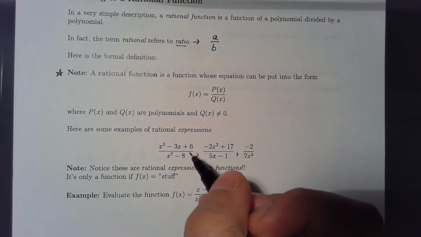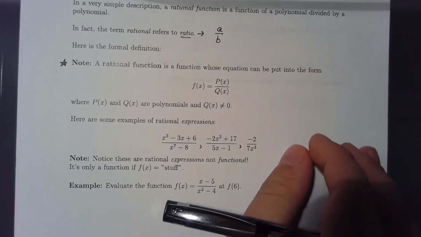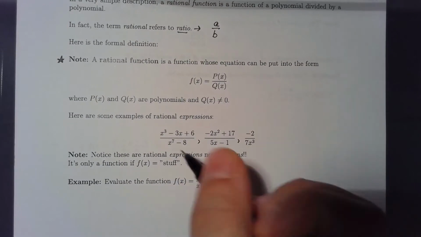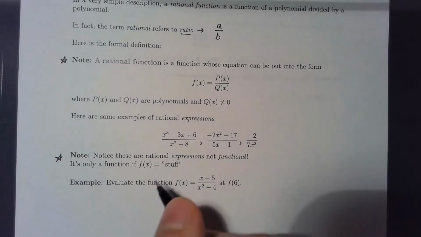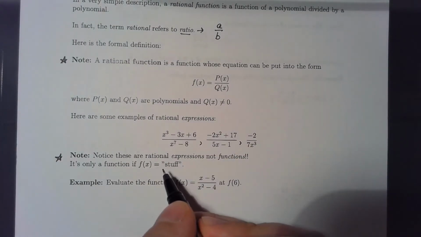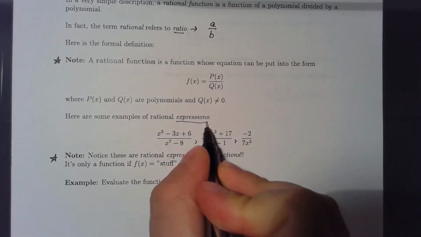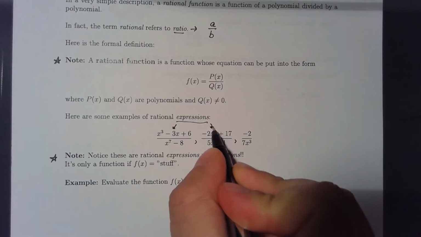Now, technically, these are rational expressions because they're not equal to anything. That's what I say in this note right here. These are rational expressions, not functions. It's only a function when f of x is equal to something. So, for example, these are expressions, like I just mentioned.